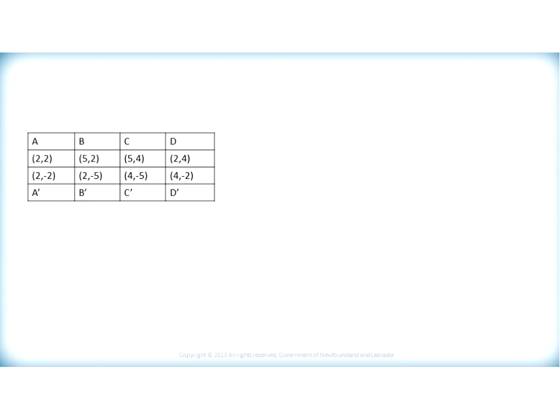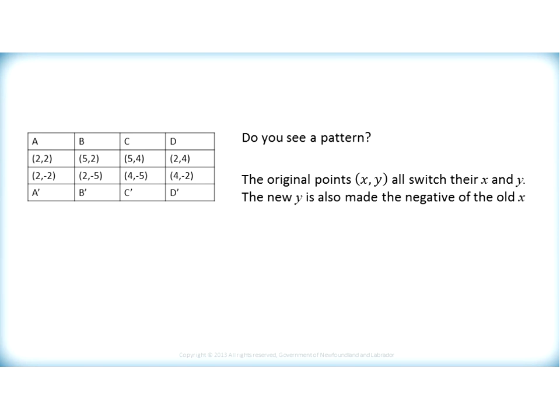So here's the table written again, just so that we can try to come up with some properties or relationships we might see here. Do you see any pattern in how the numbers are arranged from A, B, C, and D to A prime, B prime, C prime, and D prime? You might notice that the original points are in the form (x, y).